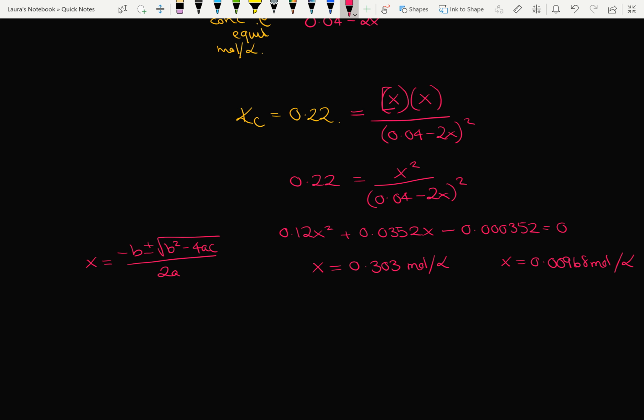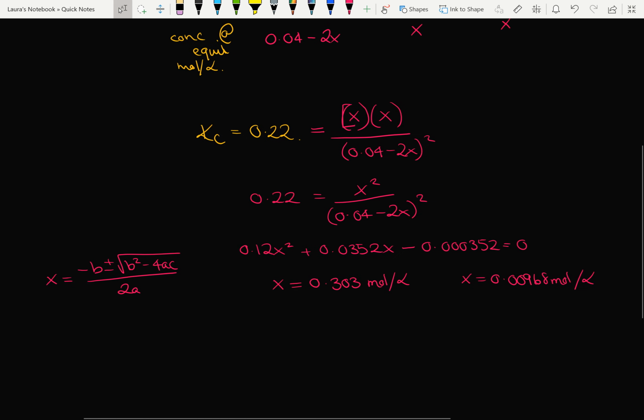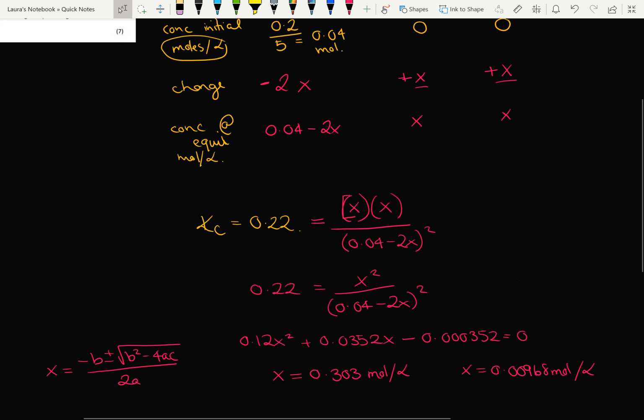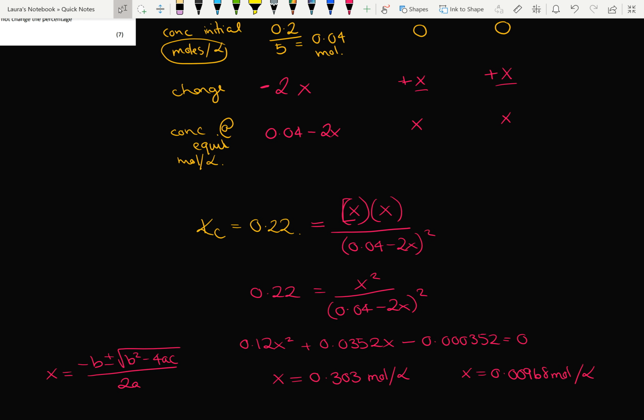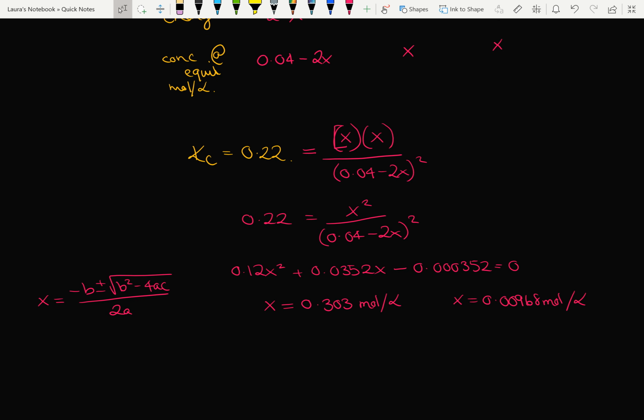Now how do we know which one of these is correct? Well, if we go back up to our table, we know that our starting concentration of our reactant was 0.04 moles. Now this 0.3 is greater than 0.04 moles, so we can't have an increase in concentration.